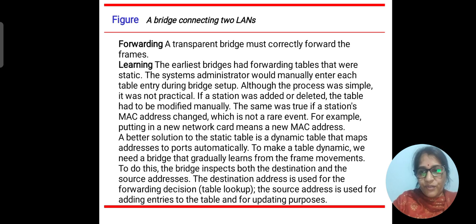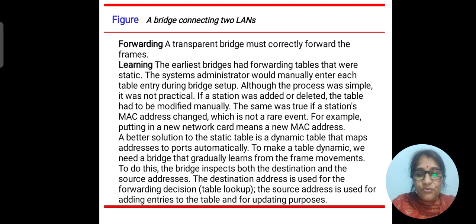So what is forwarding? A transparent bridge must correctly forward the frames. And what is learning? The earliest bridges had forwarding tables that were static. The system administrator would manually enter each table entry during bridge setup.